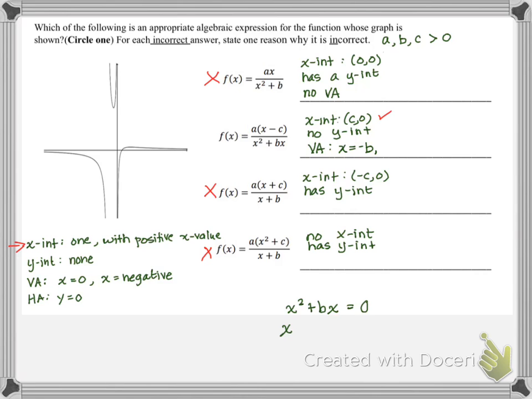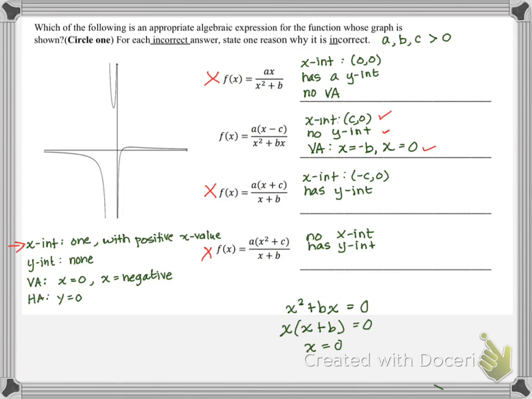Factor, right? So x equals 0. Good. So both of those are good, right? Because when we look at our vertical asymptote, we have x equals 0 and x equals a negative.